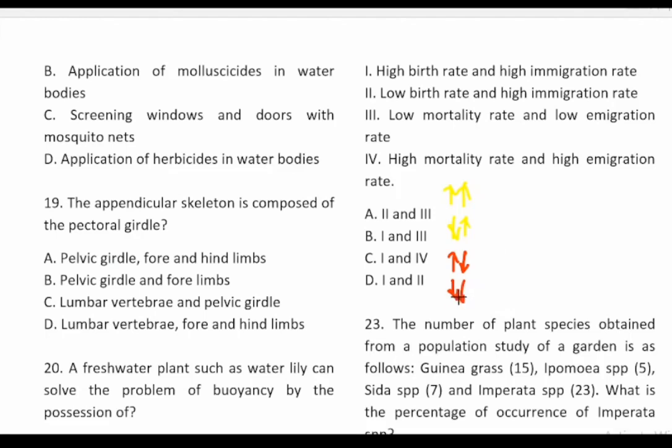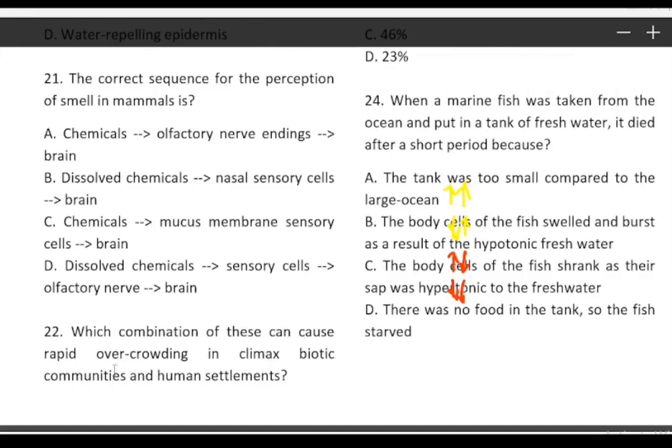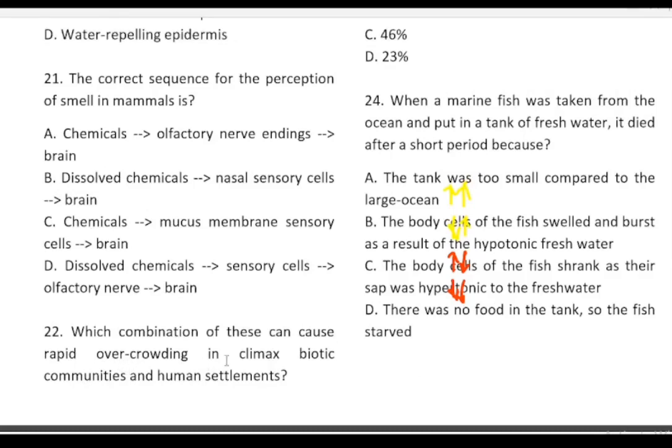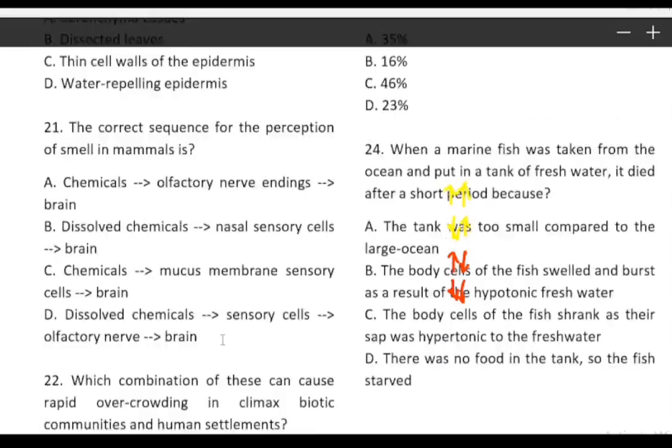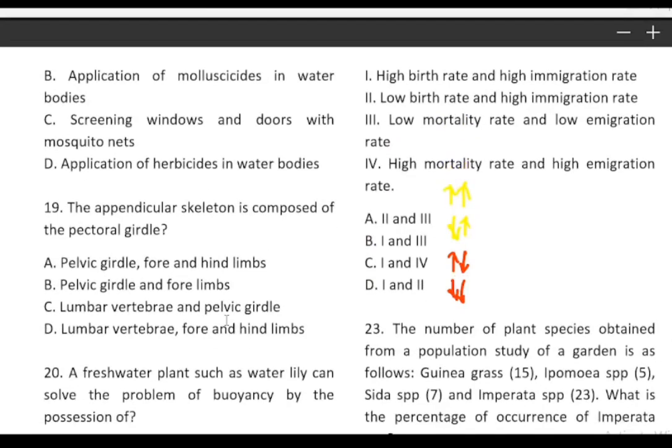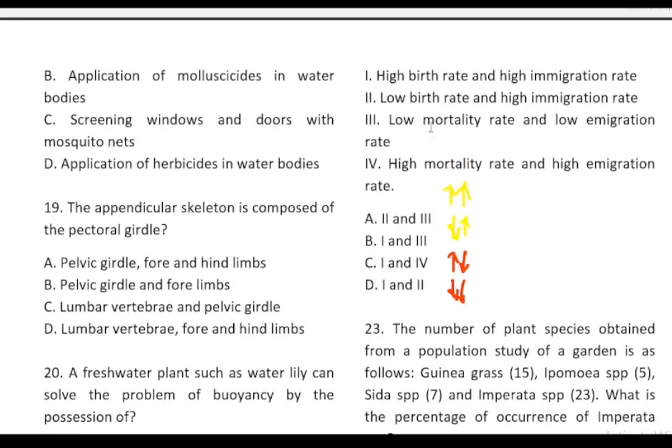So the only one that can actually increase the population, like we have seen in our question there, which is talking about the possibility of the community having what we refer to as overcrowding in the climax biotic community, is when we have Roman numeral 1, the only option that is increasing in both scenarios. So high birth rate and high immigration rate.